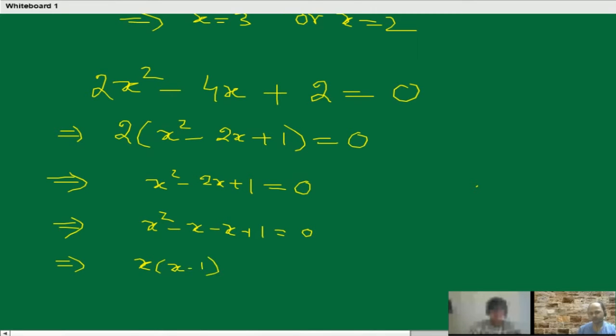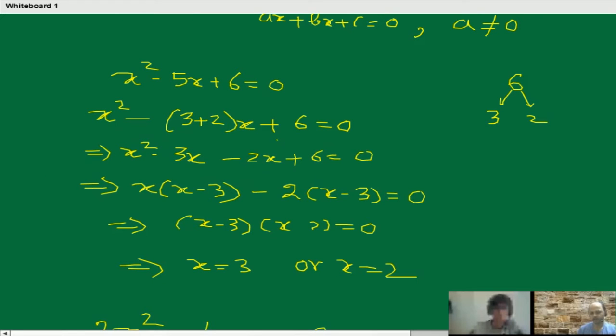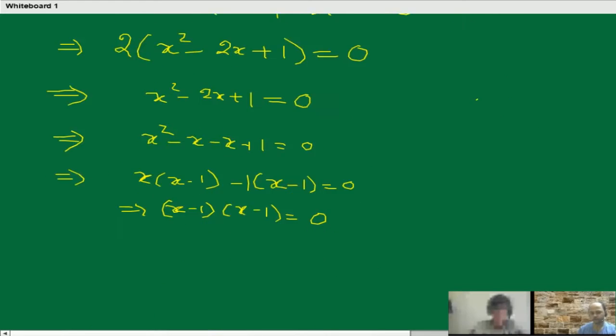So it means here we are getting two values, sorry, which are equal. Equal roots. So any quadratic always has two solutions or two values. So here we have got equal values. So both equal to 1.